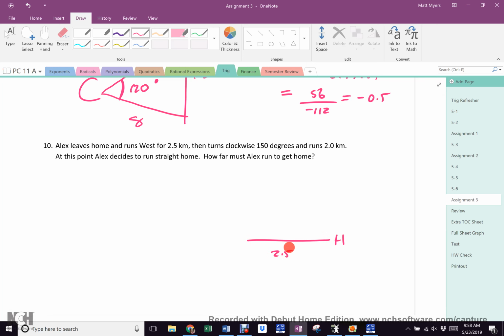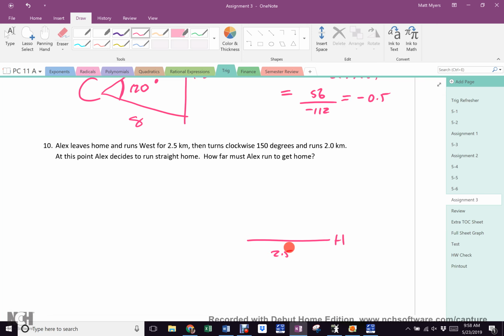So if I'm running west, for you people, that's your right, so I'm running that way, correct? What is clockwise? A right turn or a left turn? A right turn. 150 degrees, which is back here.